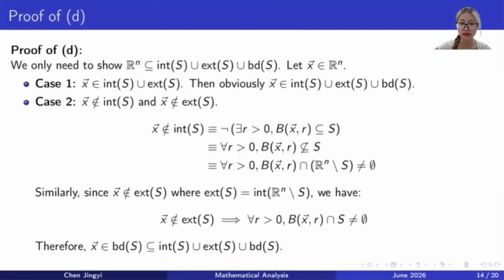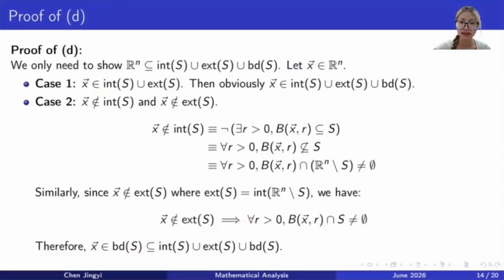Now let's prove the D. We only need to show Rn is inside int S union exterior S union boundary S. Let X be inside Rn. We give two cases.